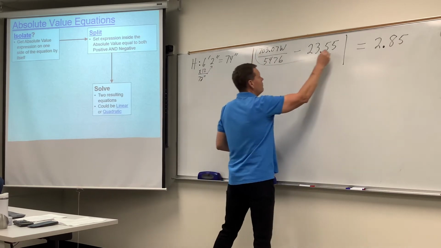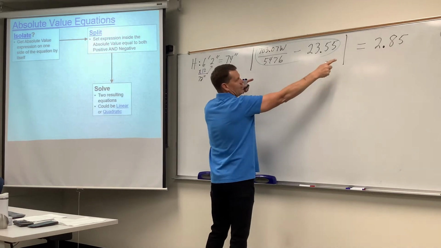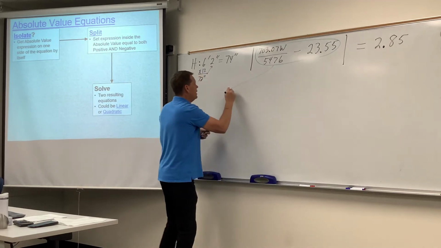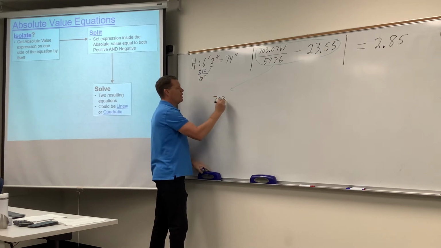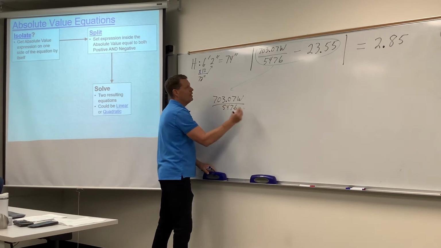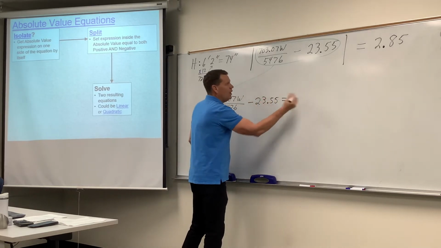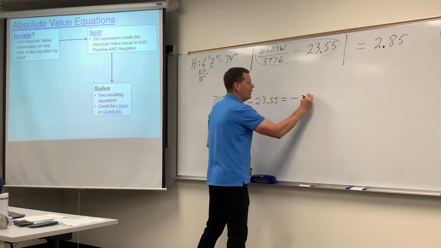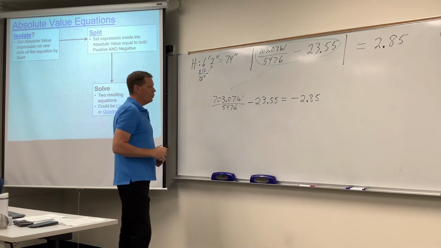But just like the previous examples, if this expression that's inside here has an absolute value of 2.85, doesn't that mean that that entire expression, 703.07w over 5476, minus 23.55, that whole thing could equal negative 2.85, right? That's a number that has an absolute value of 2.85.